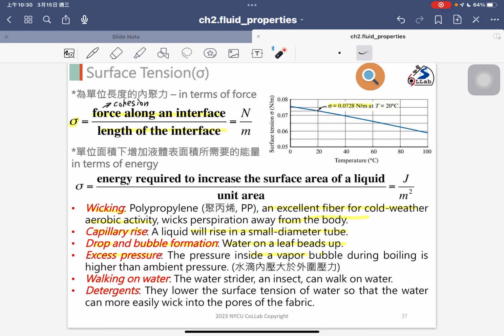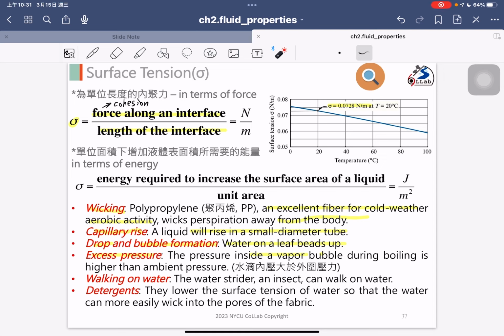And sometimes walking on water, 轻功水上漂, we can see some striders walk on the water, also associated with the surface tension force. And detergents also lower the surface tension of water, so the water can more easily leak into the pores of the fabric.